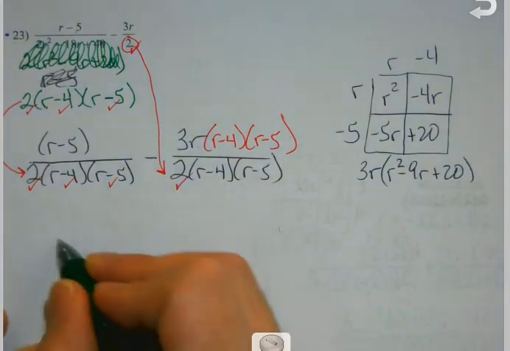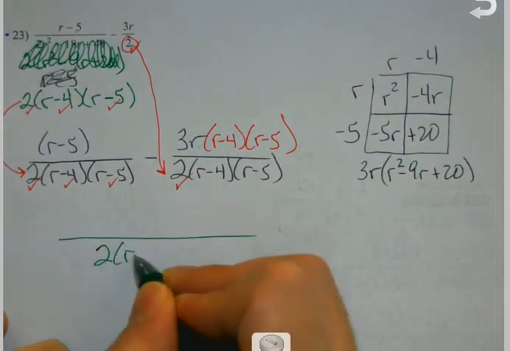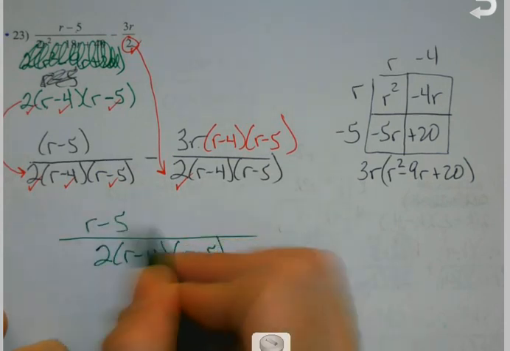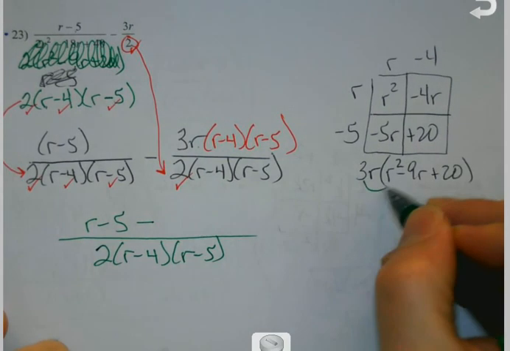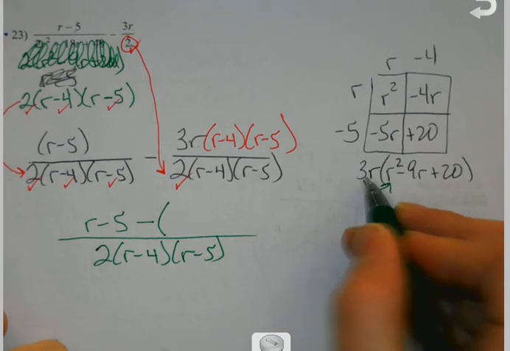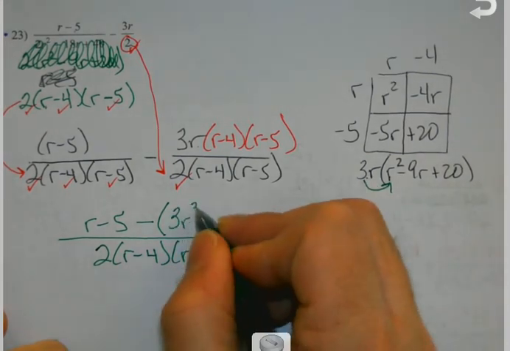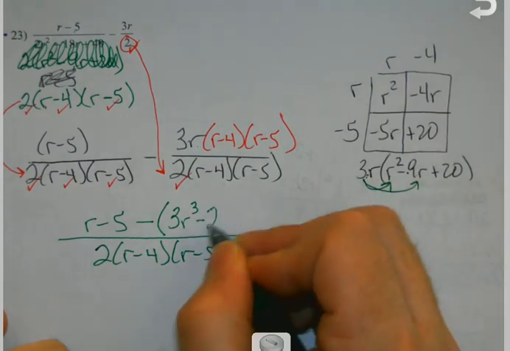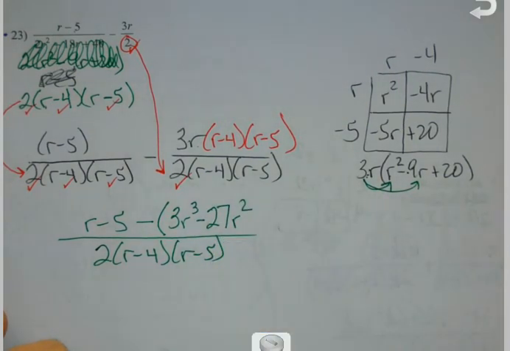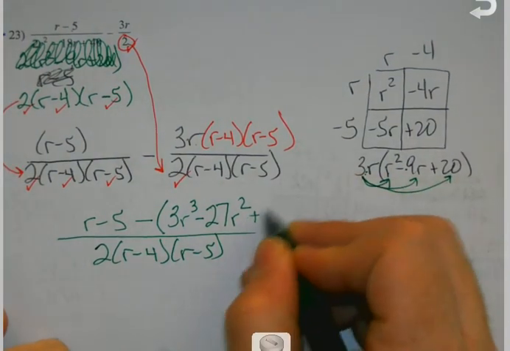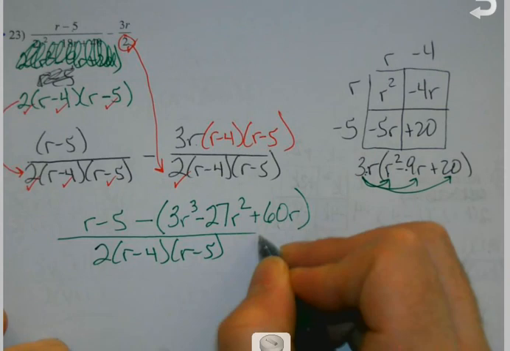So when I go to make my big old fraction, as I distribute, and I'll explain why the parentheses are going in here momentarily. So 3r times r is 3r to the third. 3 times negative 9 is negative 27r squared. 3r times 20 is 60r.